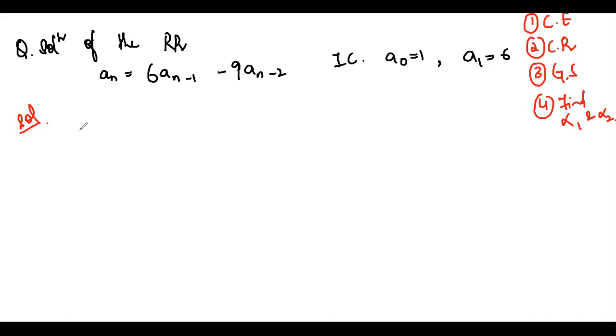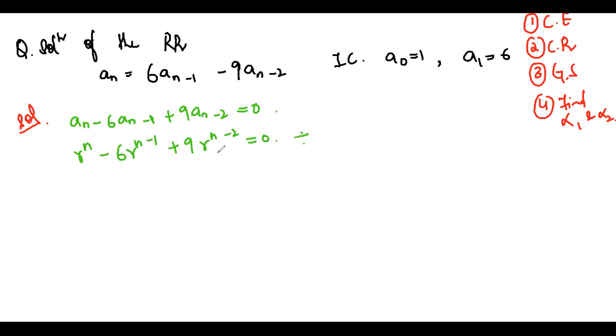Now based on that, the solution is as follows. So an, first let's take all the terms on the left hand side. So an minus 6an minus 1 plus 9an minus 2 is equal to 0. Now replace an with r power n. So r power n minus 6 r power n minus 1 plus 9 r power n minus 2 is equal to 0. Now what is the next step? To find the characteristic equation, we have to divide it with the lowest terms of r.